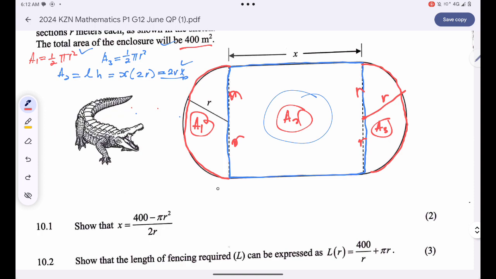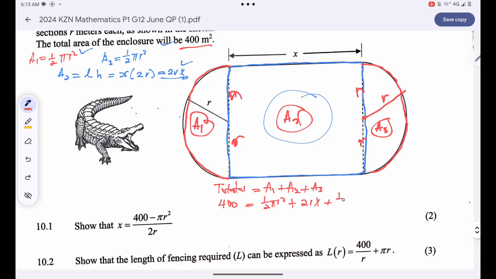I'll simply say the total area should be just area 1 plus area 2 and area 3, right? The total area is just 400 square meters. Area 1 is half pi r squared. Area 2 is just 2r multiplied by x.